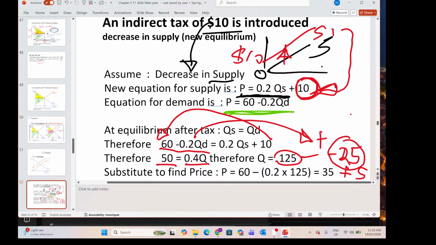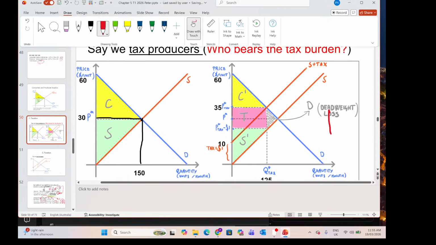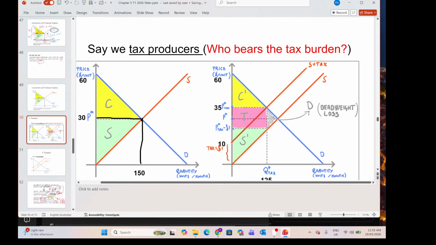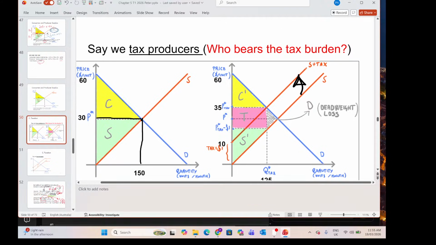That's been the effect of the tax, that we can see on this diagram here. The effect of the tax is to shift the supply curve up.